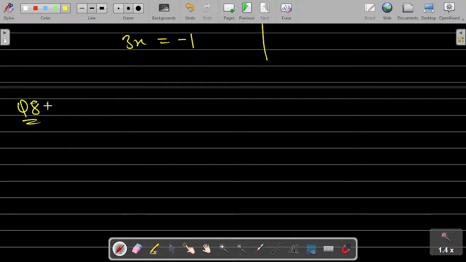Number 8 is given as, okay, there are 2 of it. The first one is 5 times x raised to the power of 2 over 3. That power is only on x, as equal to 80.